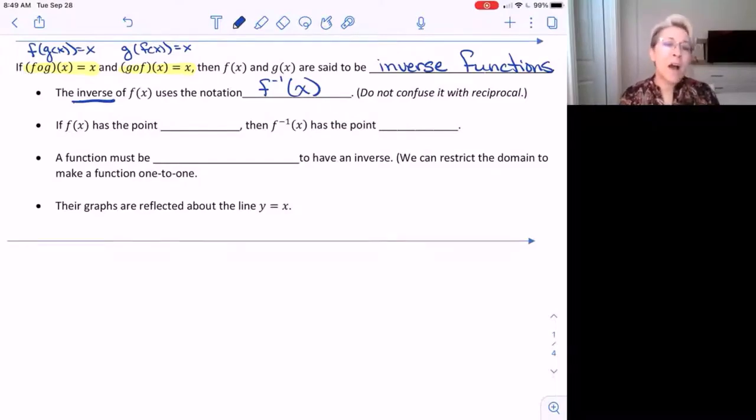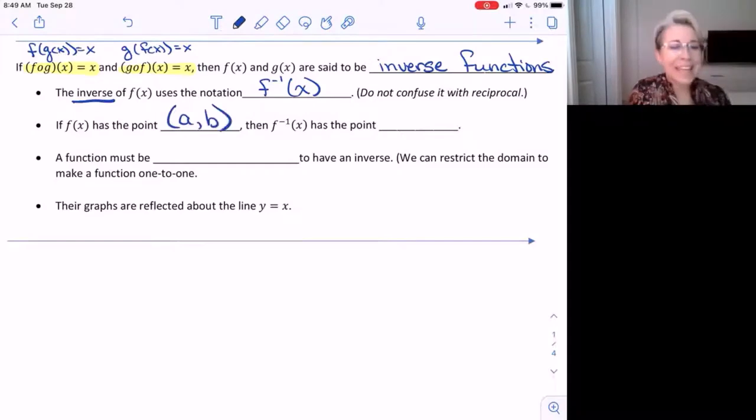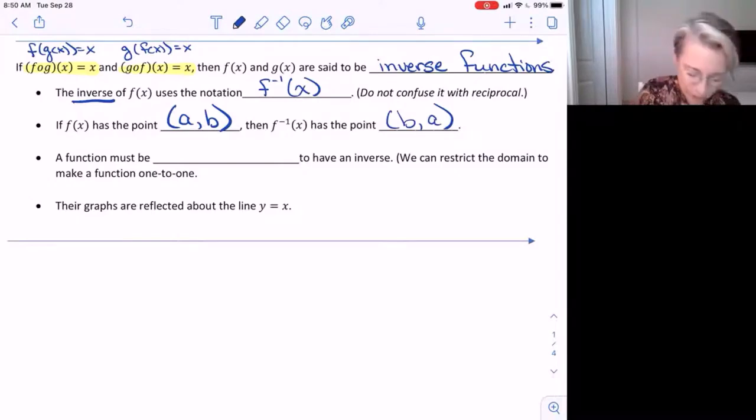One interesting thing about inverse functions: if f of x has the point, let's say (a, b), its inverse function will have the point (b, a). I love having questions like that on a test or a graph.